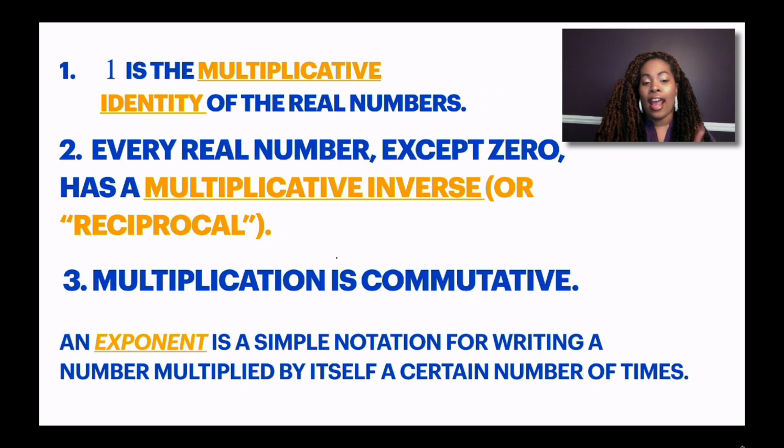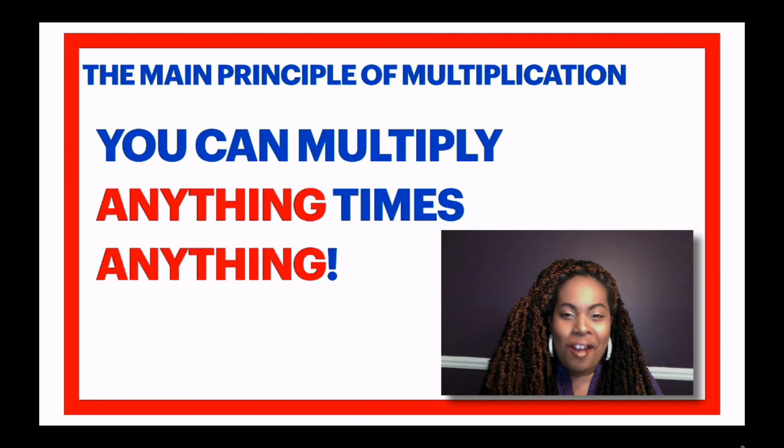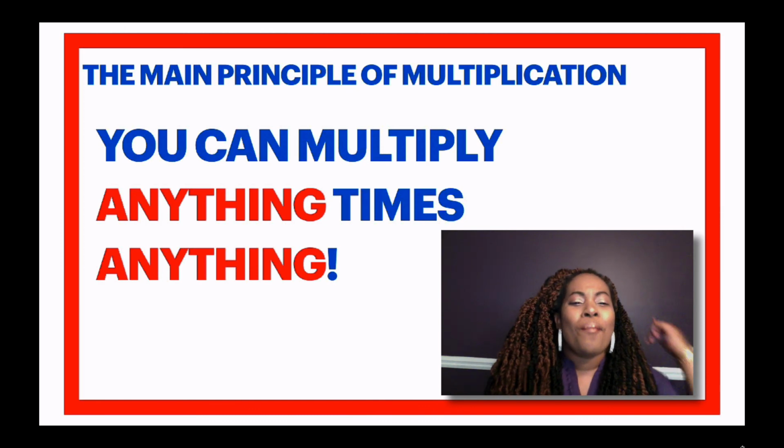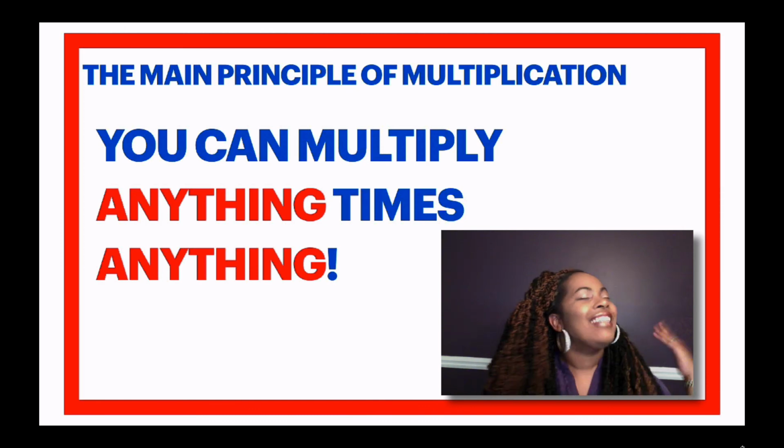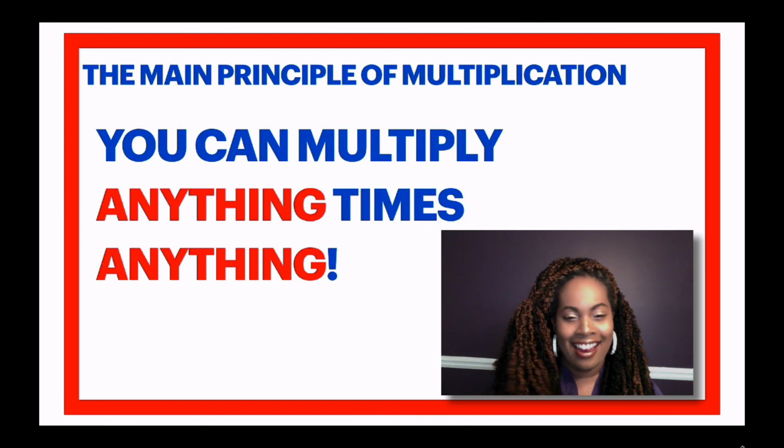And an exponent is a simple notation for writing a number multiplied by itself a certain number of times. Remember that the exponent tells us how many times we have to multiply that number by itself. And now, my favorite, the main principle of multiplication. You can multiply anything times anything, and that is worth celebrating.